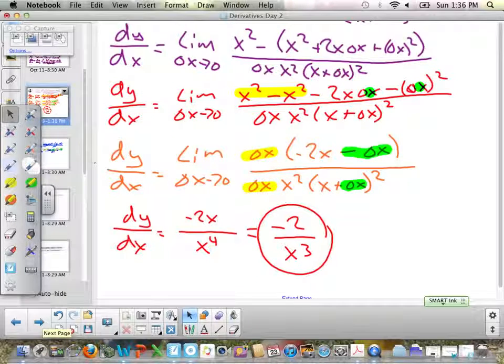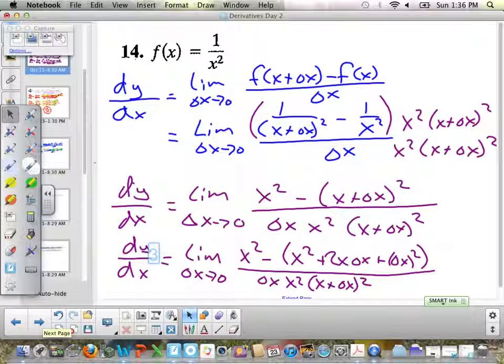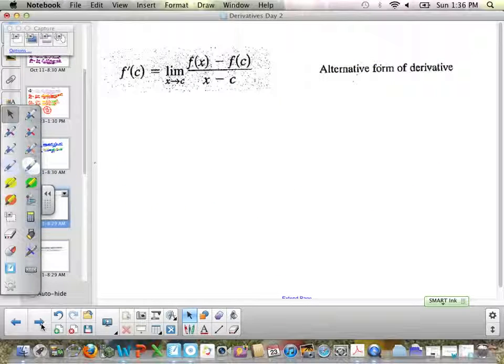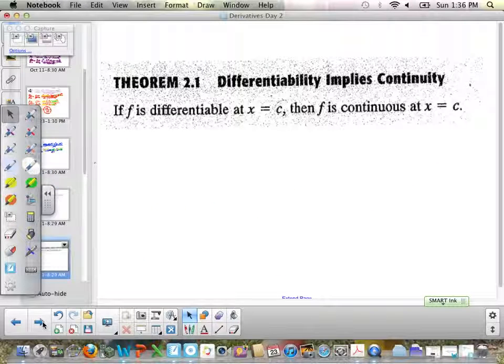What value can we not evaluate the derivative at? 0, because you can't divide by 0. So our original function is discontinuous at 0, which should make sense because we can't divide by 0 in the original function either. So if a function is differentiable, you can find a derivative, it's continuous at that point.